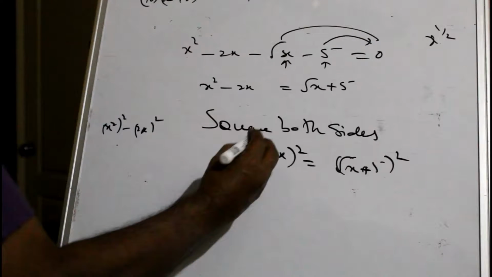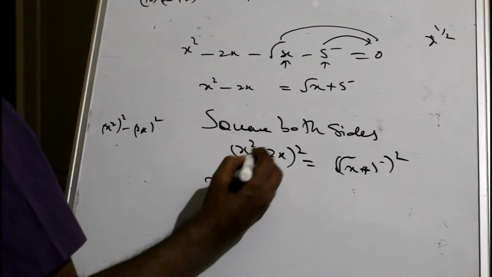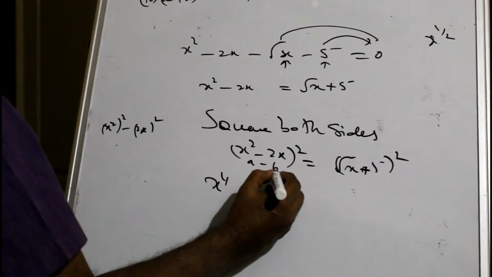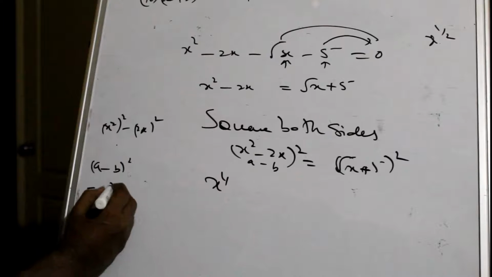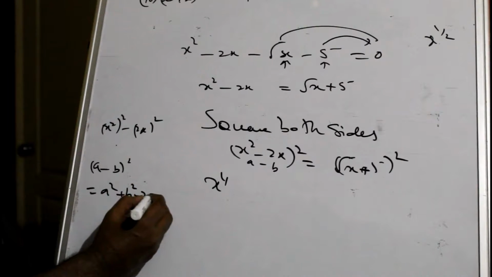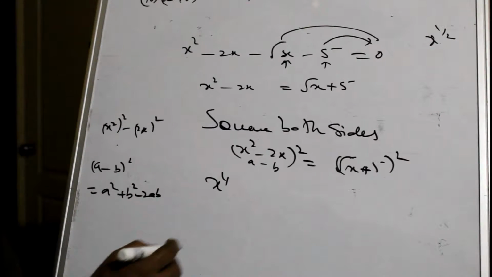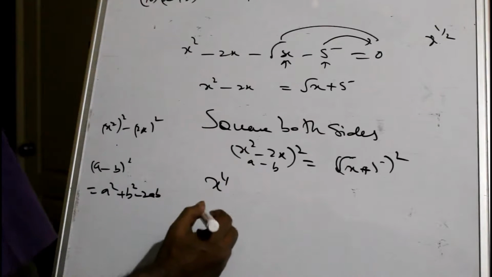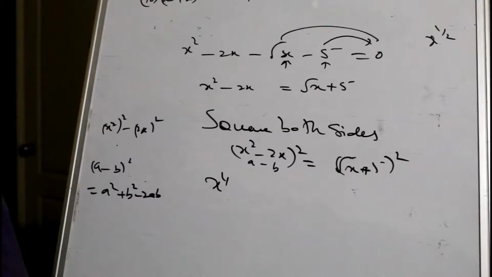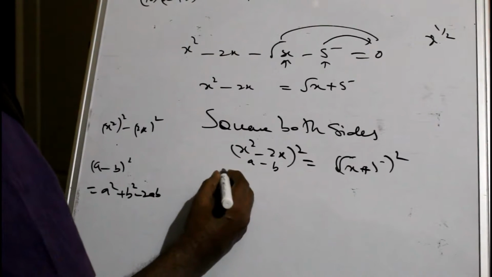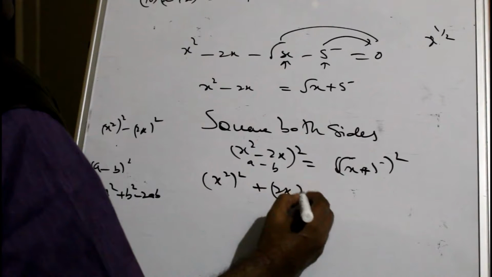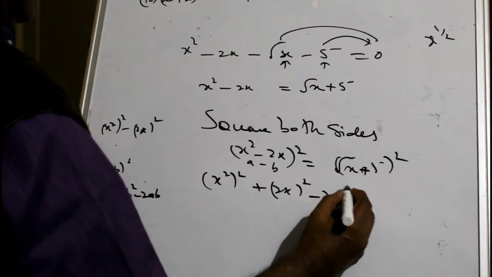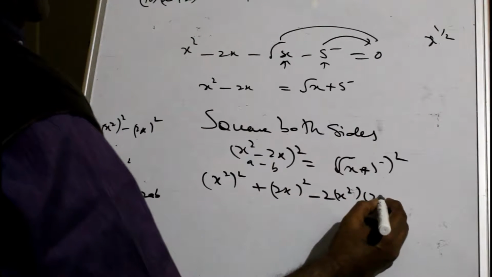Now when you square this, you get x power 4. This is a minus b the whole square. You know the formula, a minus b the whole square is a square plus b square minus 2ab, where a is x square, so you get x power 4. Let me write the formula one more step: x square the whole square plus 2x the whole square minus 2 into x square into 2x.